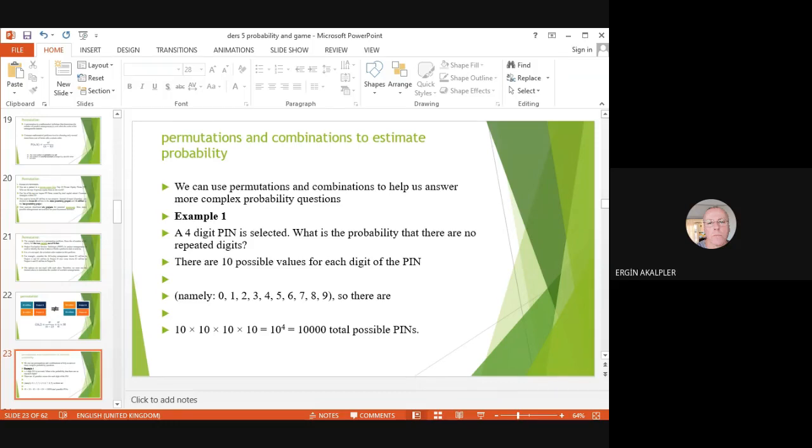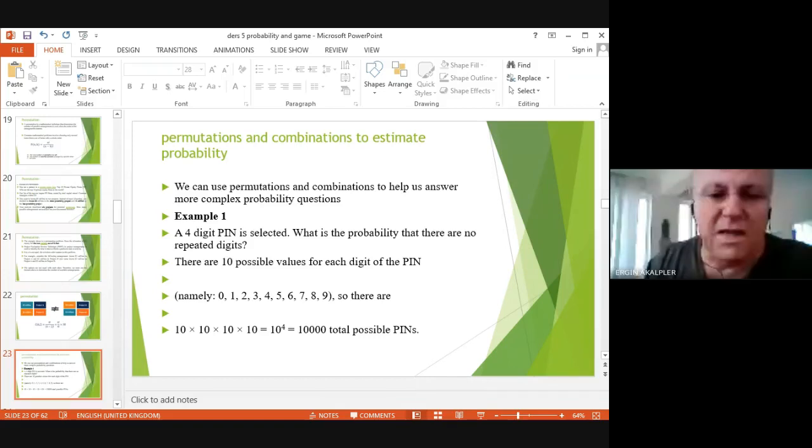Since there are 10 digits, we have 10 multiplied by 10 multiplied by 10 multiplied by 10, which is 10 to the power of 4, giving you 10,000 possible options for this pin code.